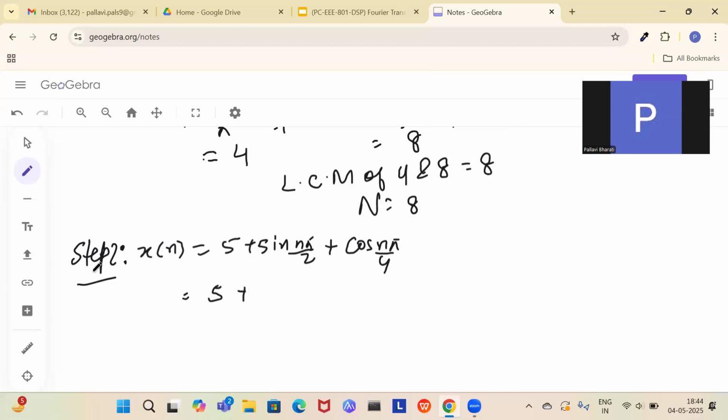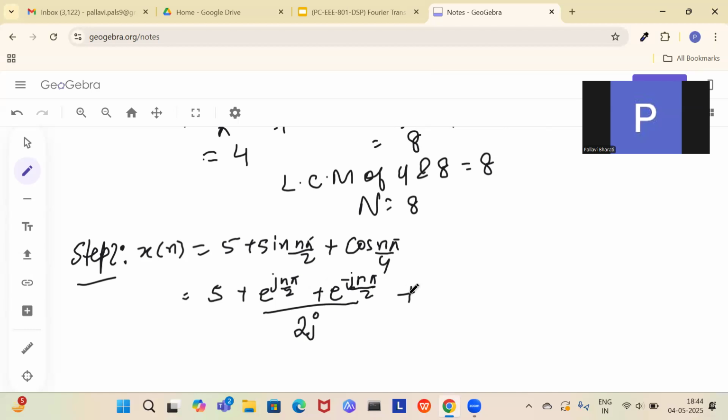Here this one you see, (e^(jnπ/2) minus e^(-jnπ/2)) divided by, this is sine, so divided by 2j. The cos one will be divided by just simply 2.